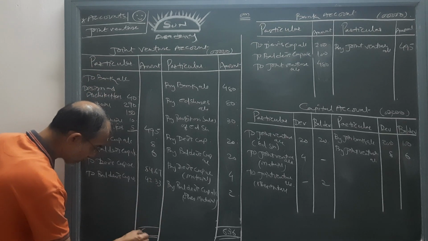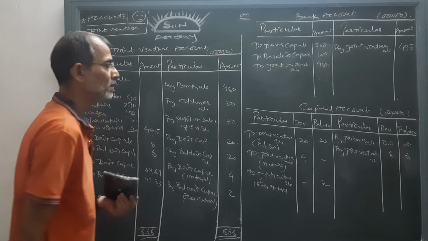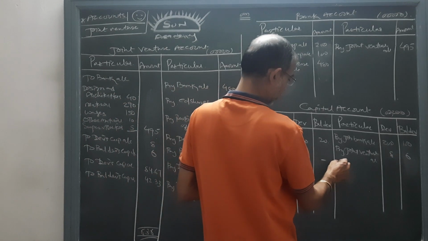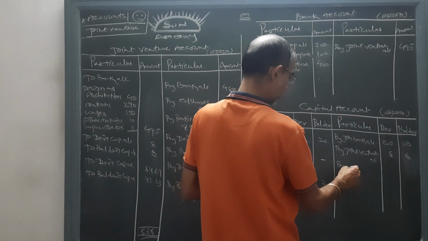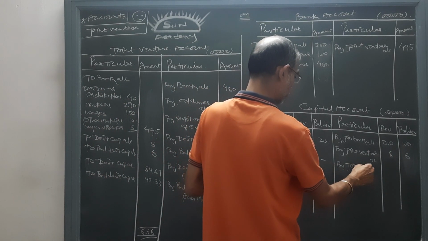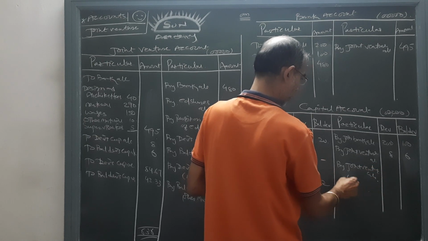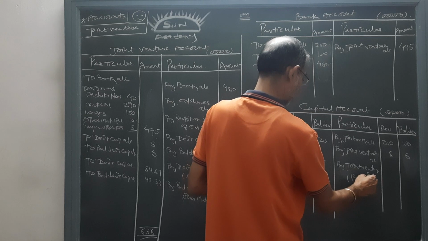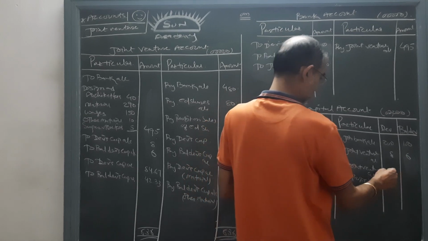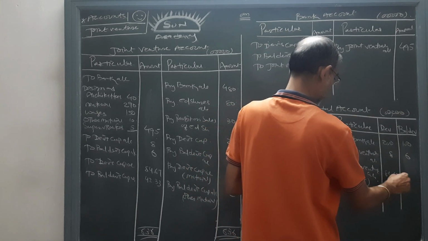The total will be 636. If I come to the credit side of the capital account by joint venture account profit, that is 84.67 and 42.33.